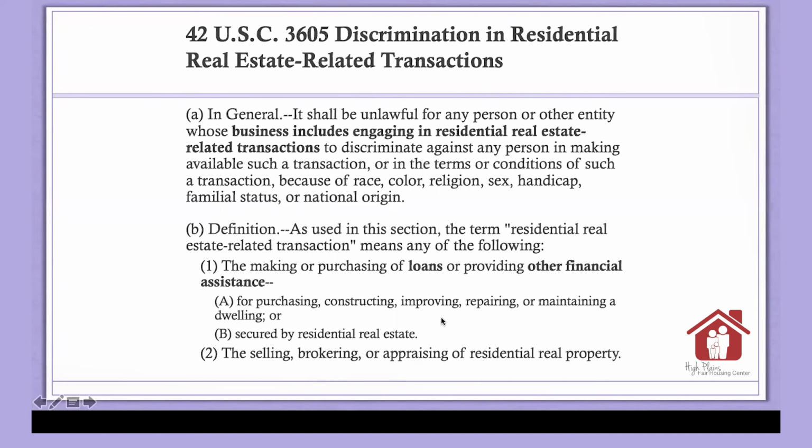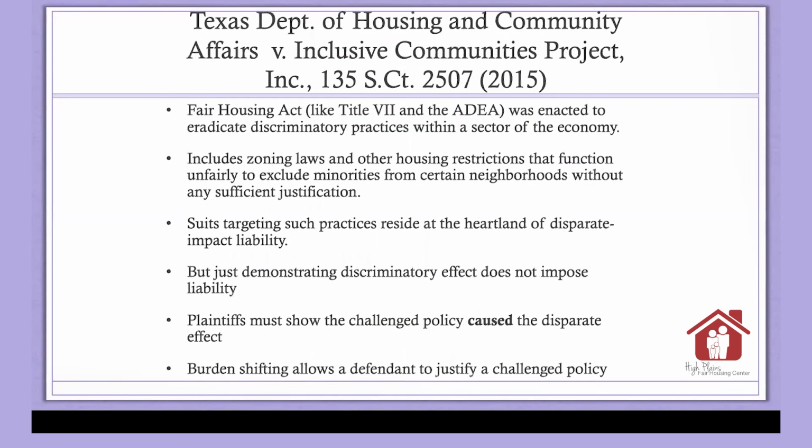So you can see how all these things combined make it easy to understand how a state agency that is involved in awarding low-income housing tax credits to developers, private and nonprofit developers, could run afoul of the Fair Housing Act. So when the Supreme Court finally got this case, here's what it said.